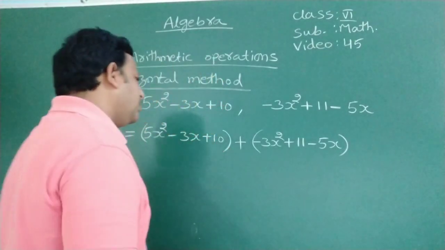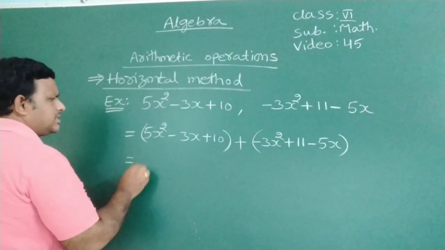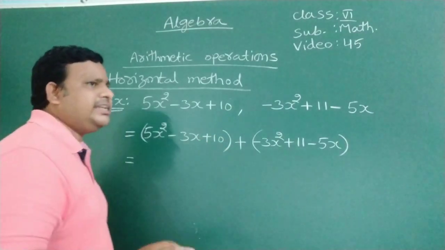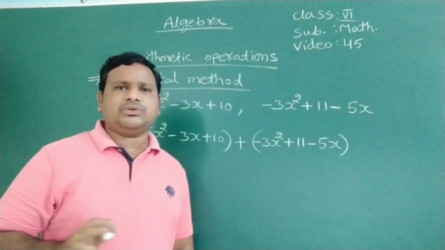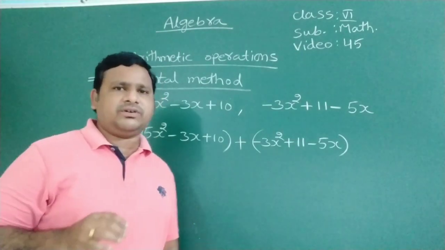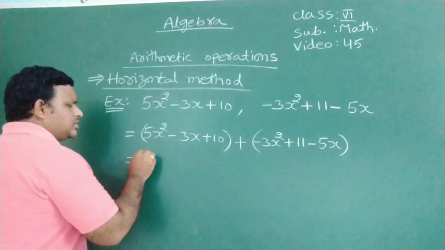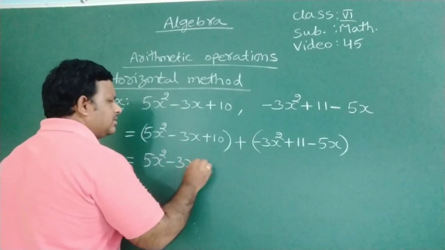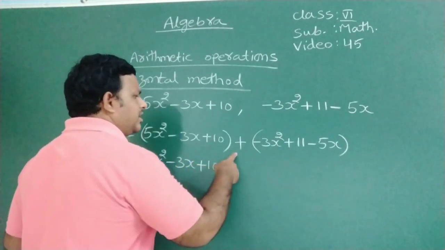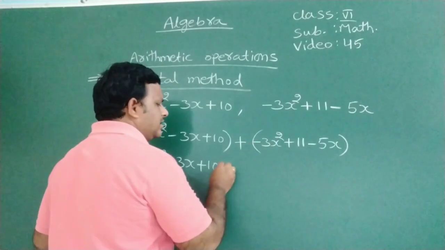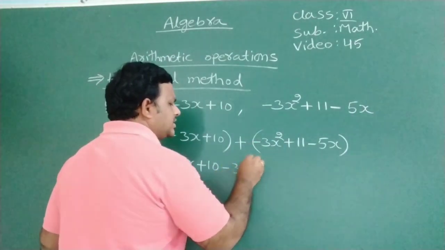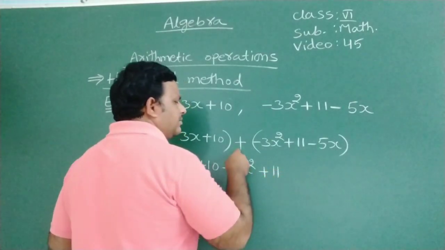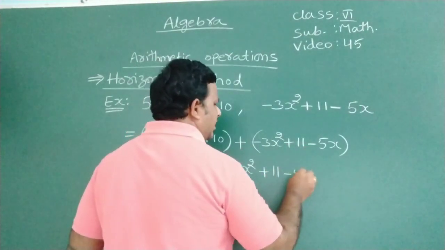Now let us remove those brackets. In front of the first expression, I don't have any minus symbol, so there is no change in the symbols of that expression. So 5x square minus 3x plus 10. Here plus into minus, minus 3x square, plus into plus, plus 11, plus into minus, minus 5x.